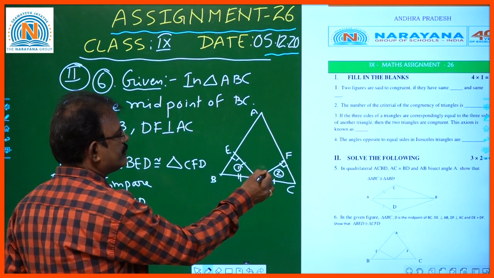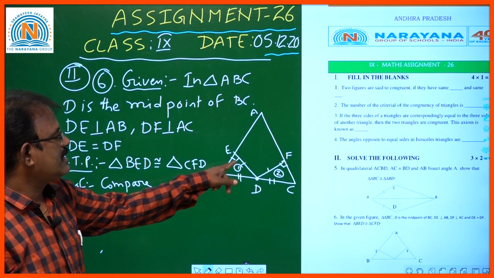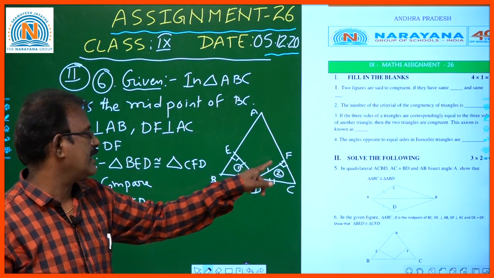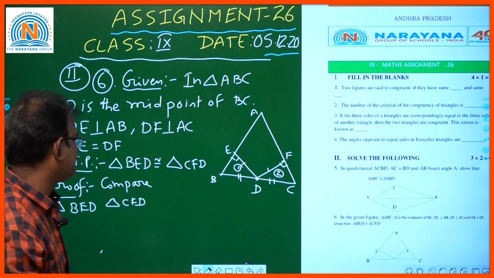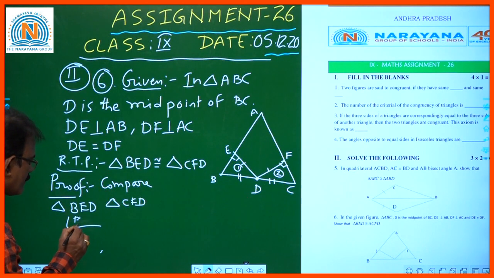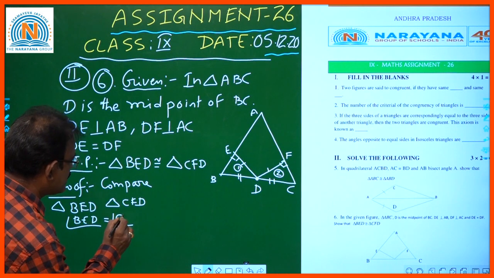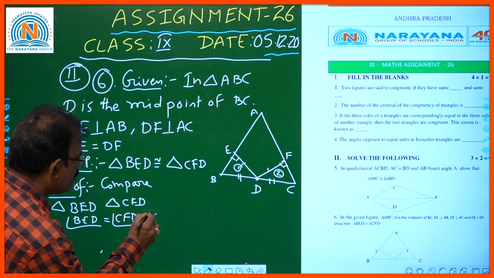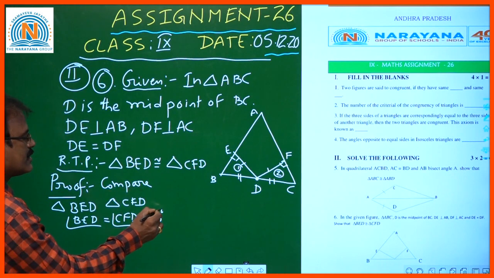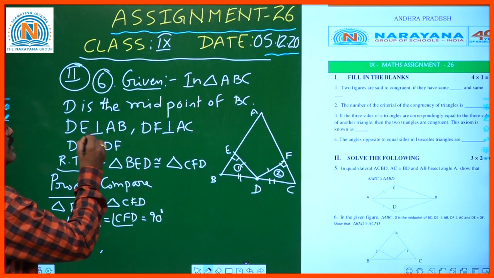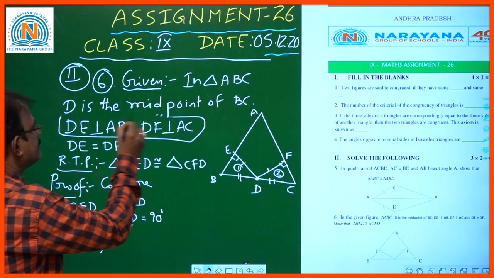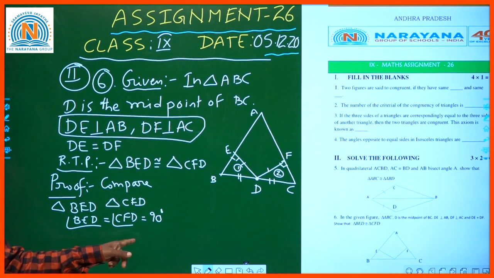Okay, children. Now in BED, DE is equal to DF. This is given. This is a right angle, meaning 90 degrees. So angle BED is equal to angle CFD, which is 90 degrees, because this is given.